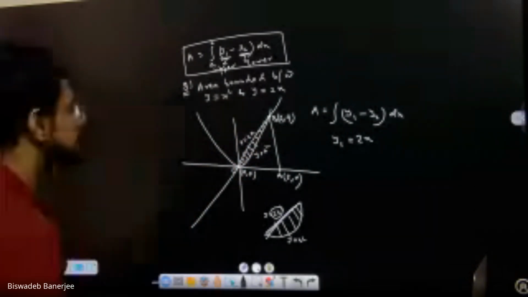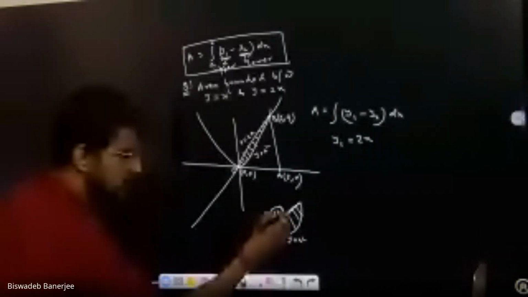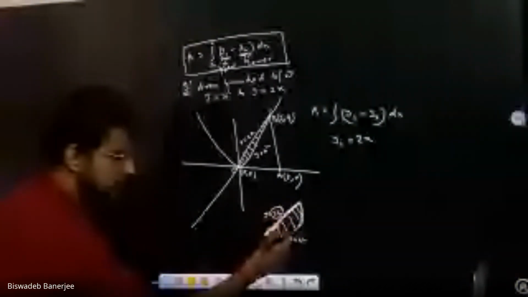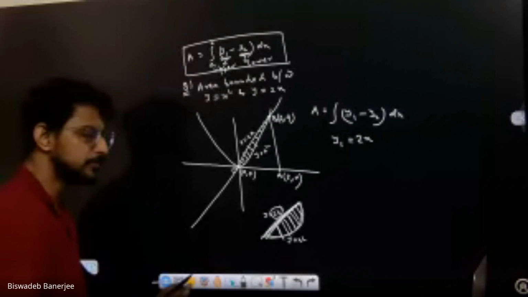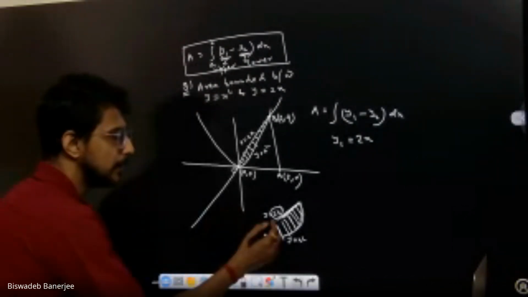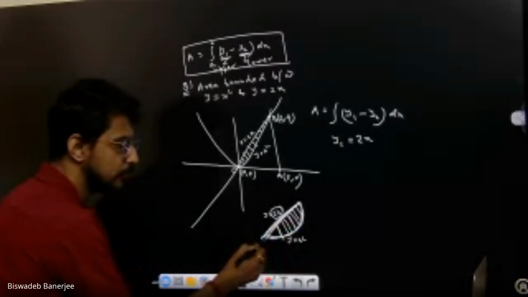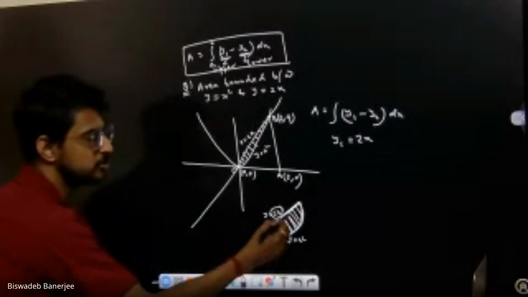The logic is very clear. If we subtract this parabola from this straight line, we shall get this shaded portion.